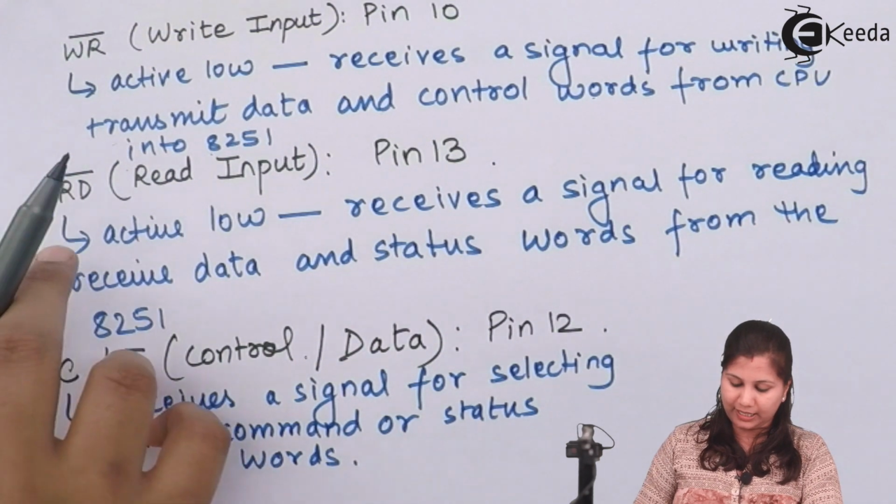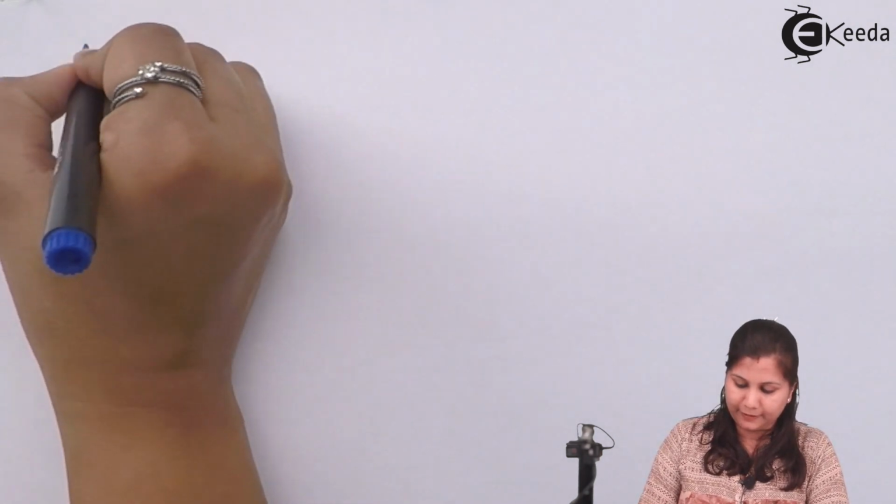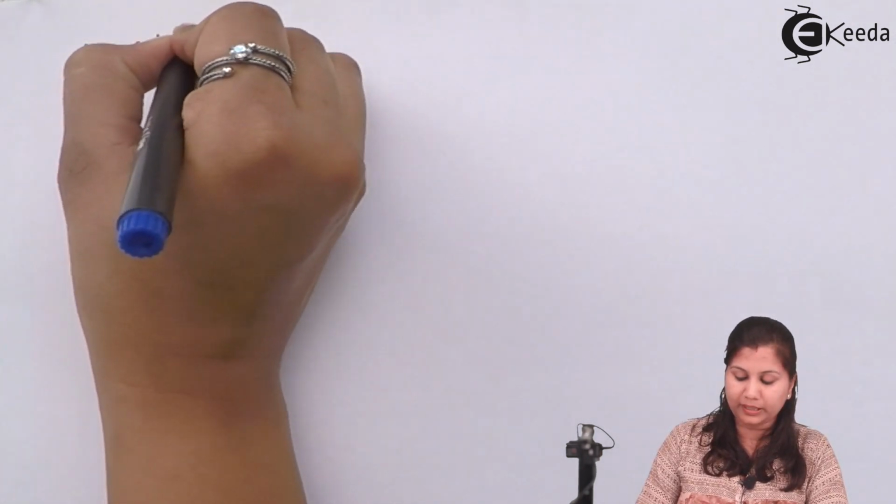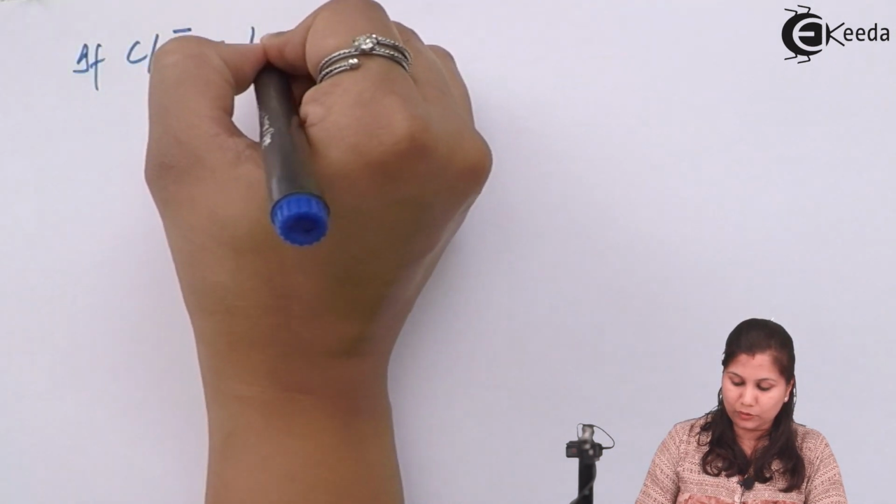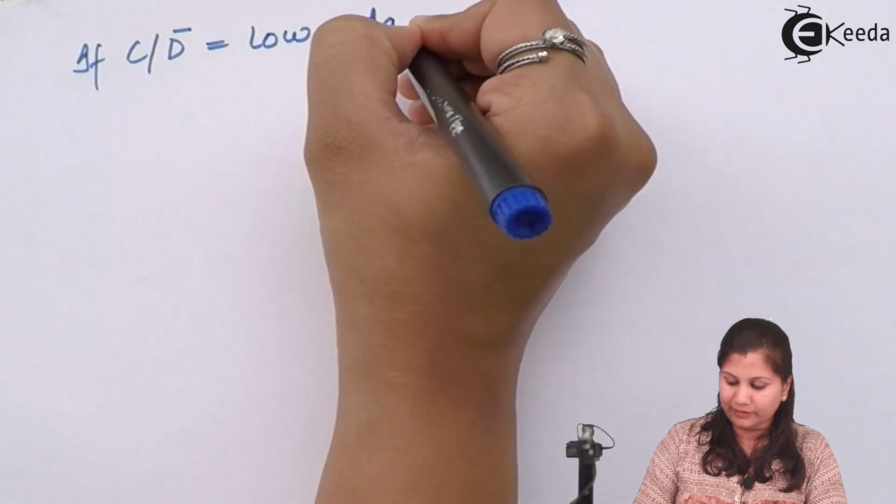So we can say that if this C, D bar pin is low, data will be accessed.